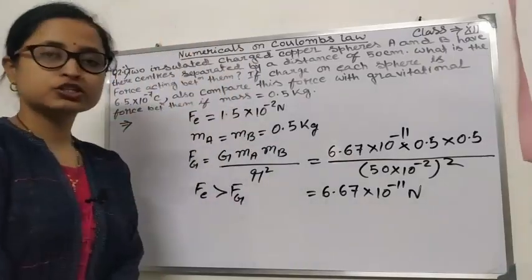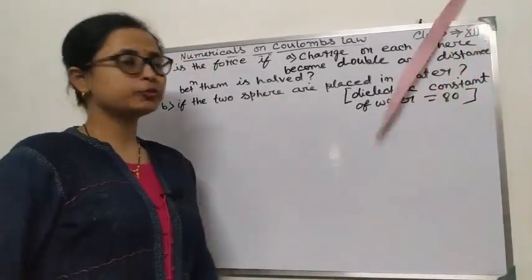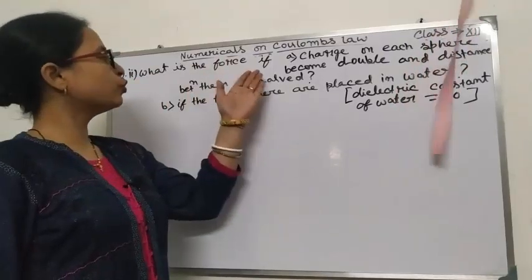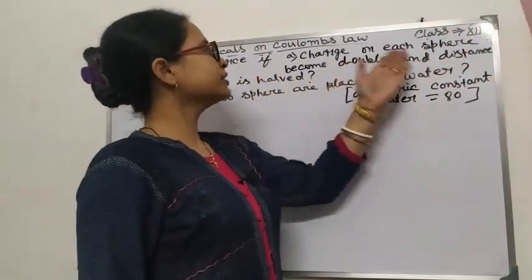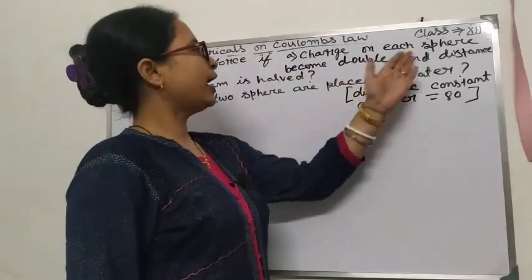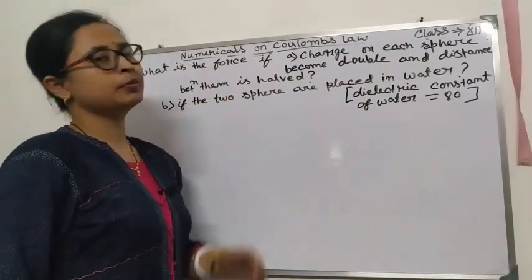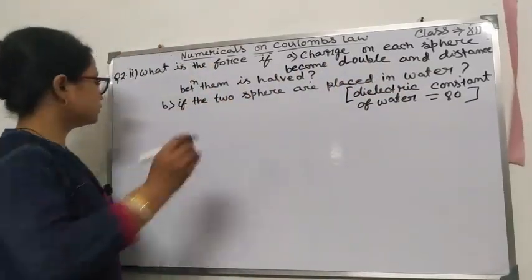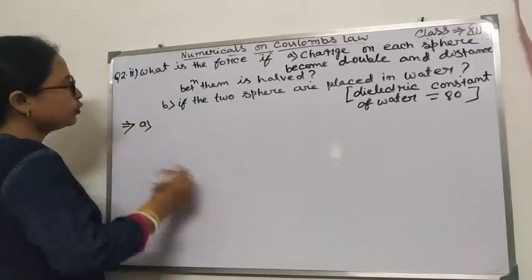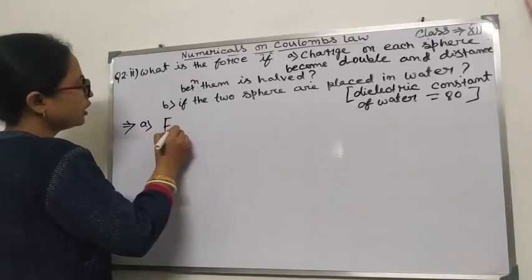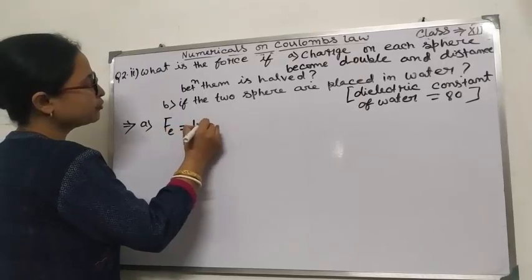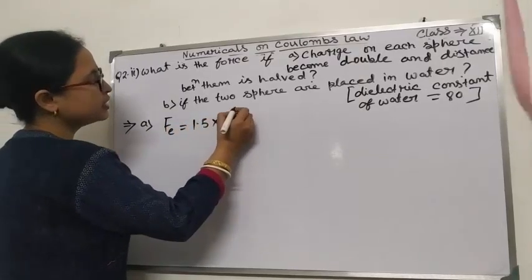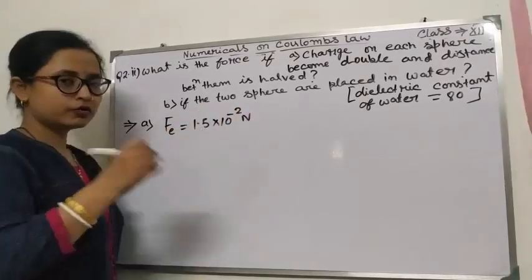You can take a screenshot. So the second part of this numerical is, what is the force if the charge on each sphere becomes double and the distance between them is half? So let us first solve this portion. We have already found Fe is equal to 1.5 into 10 to the power minus 2 Newton in the previous part.